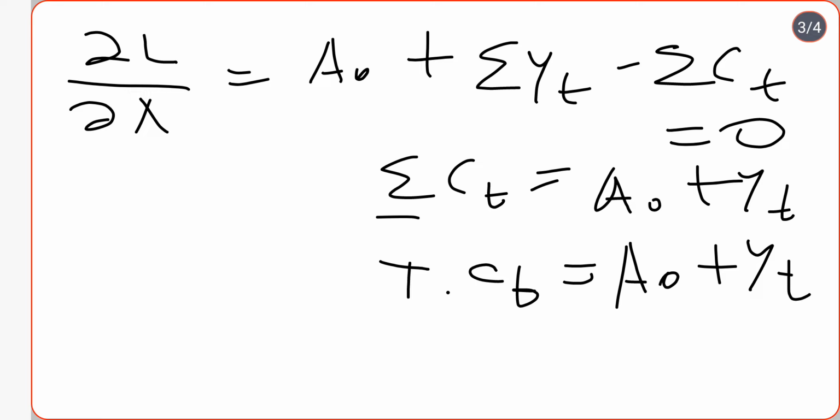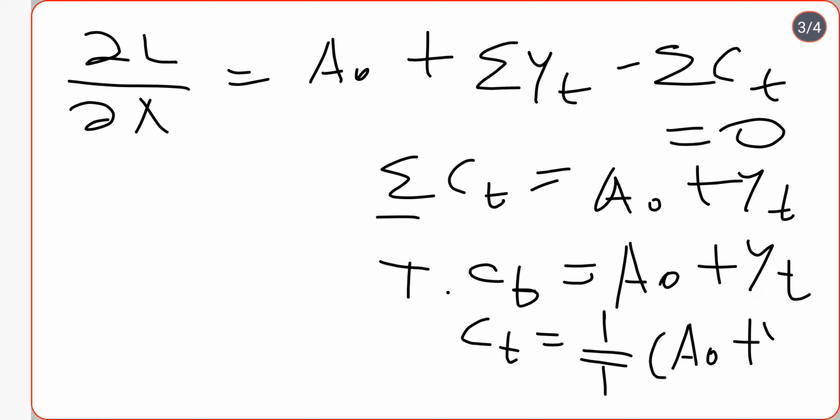Now what will happen here? This ct will be equal to 1 by T into a0 plus yt. That means consumption in all the periods is the same.